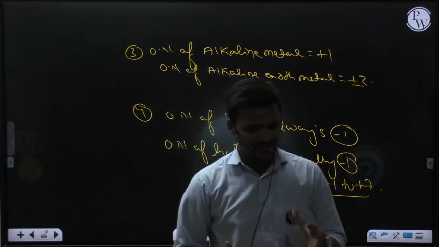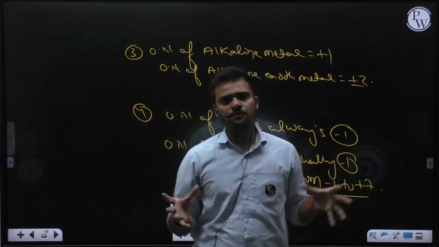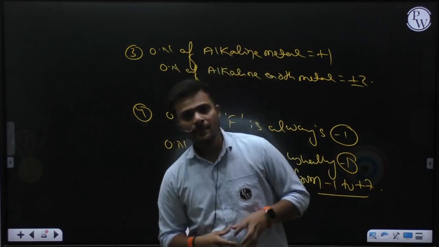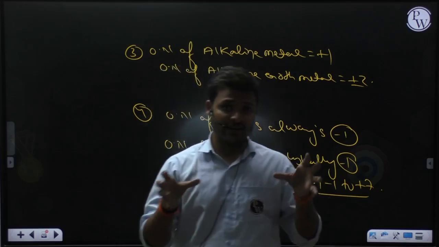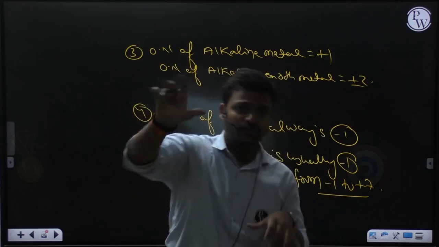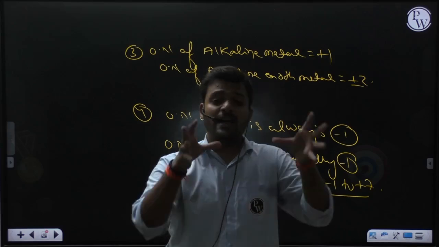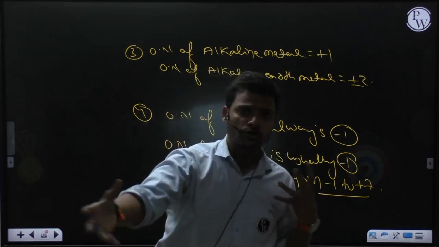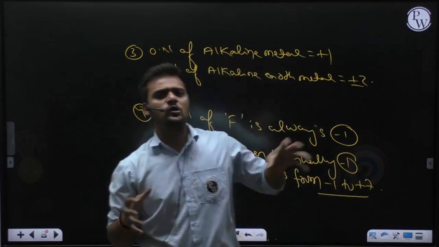Other rules: the oxidation number of all the elements in a compound taken together is 0. The oxidation number of an ion is equal to the charge present on that particular ion, as well as any element present in its elemental form or any allotropic form is taken as 0. So these are the rules of finding an oxidation number.